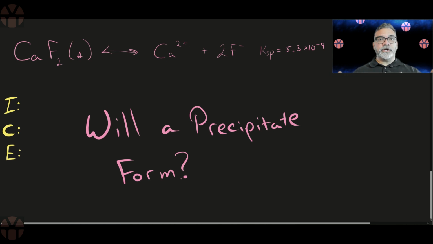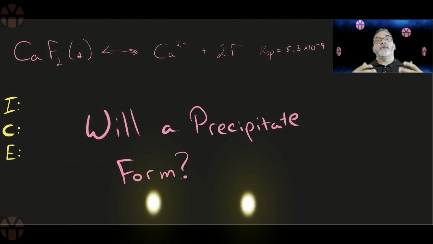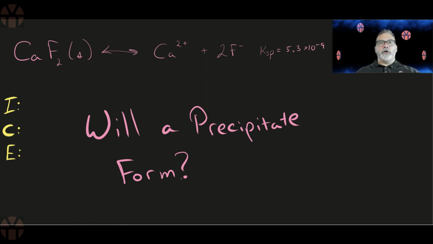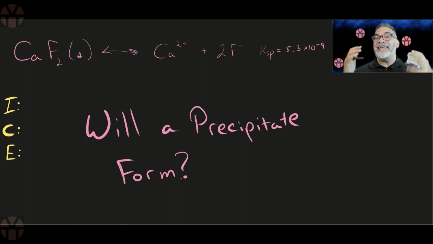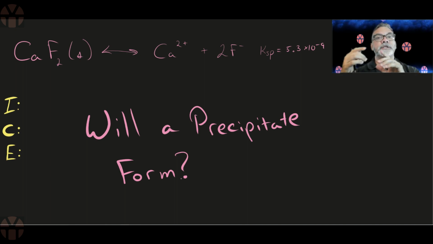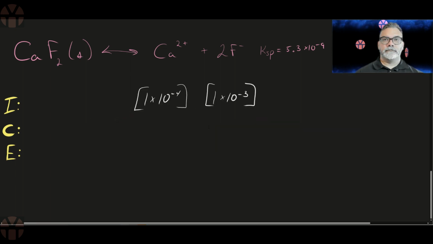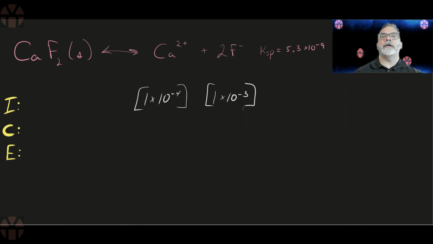This question of will a precipitate form is going to be fundamental when we're looking at Ksp, because it is our clue as to whether the solution has become saturated or not. We're going to play with this idea quite a bit, but for now let's get an idea of what we mean by a solution being saturated or unsaturated.